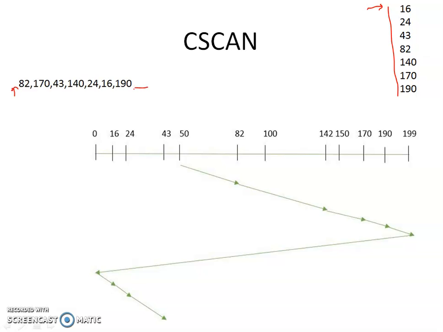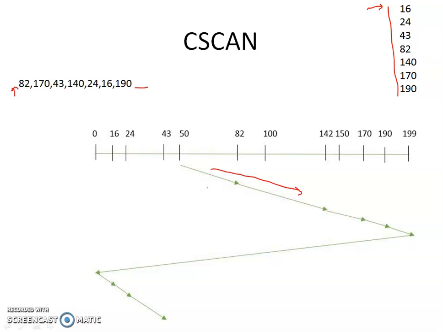Based on the size of the disk it needs to be inserted. Then in CSCAN, here also it will be checking for the minimum value. It can move either to the higher order addresses or to the lower addresses. Here it is assumed to be moving to the higher addresses.